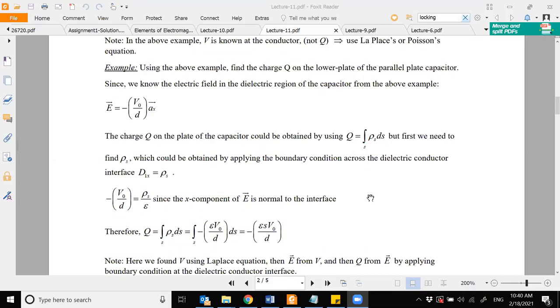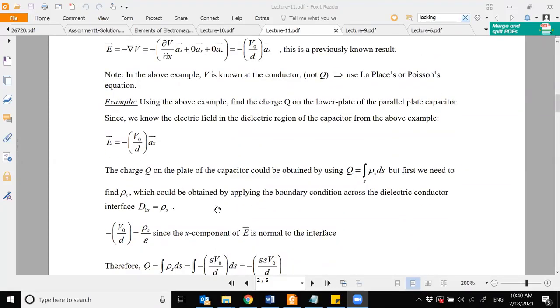You can find anything. So this is an example where we did not know what was the charge on the plate. We only knew the potential. Now, can you find the charge on the plate?